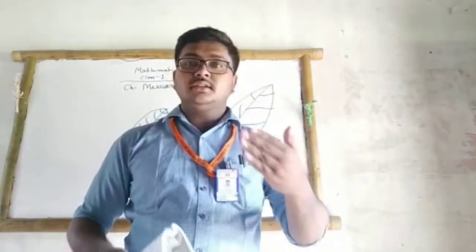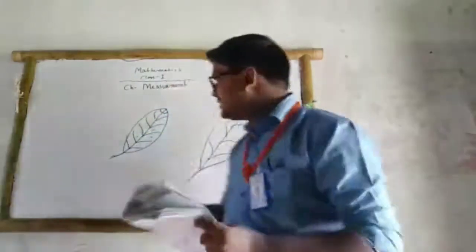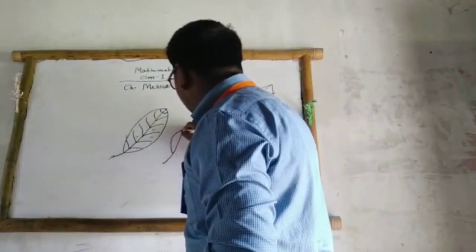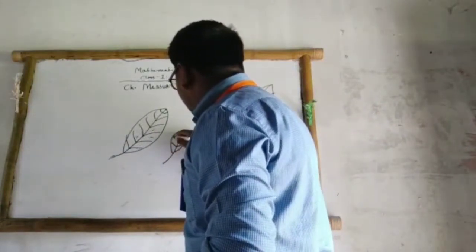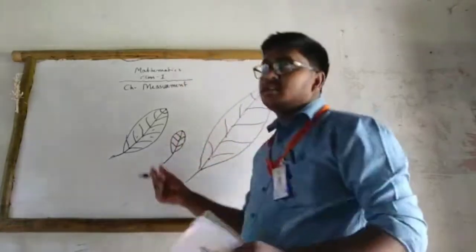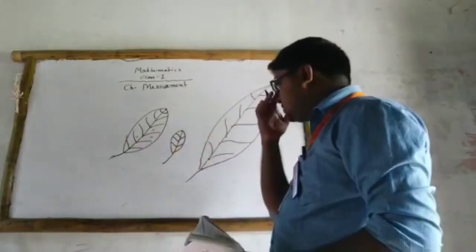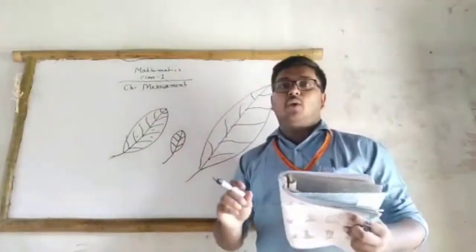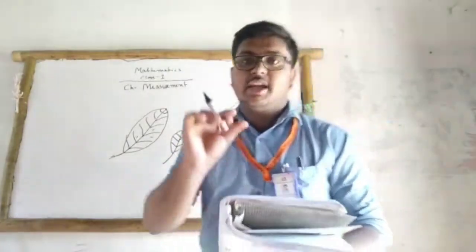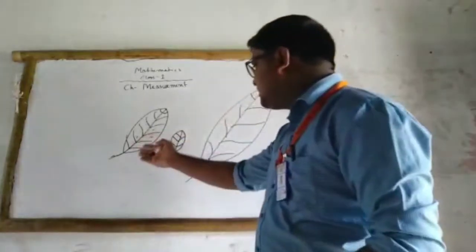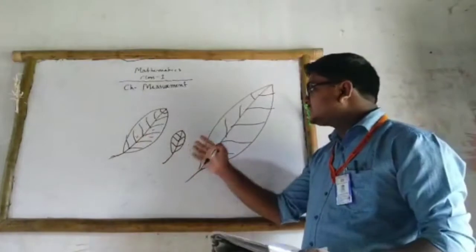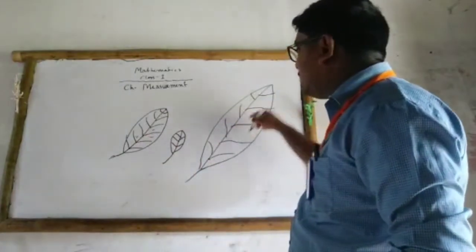Here are three objects, which is more than two, so you should use the words longest and shortest. Between these three leaves, 1, 2, 3, which one is longest? This one is longest.